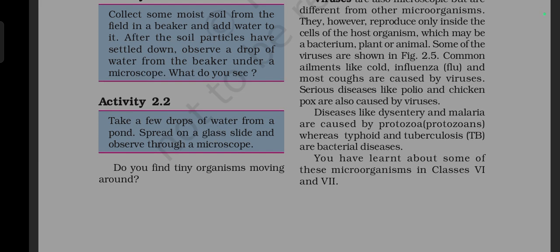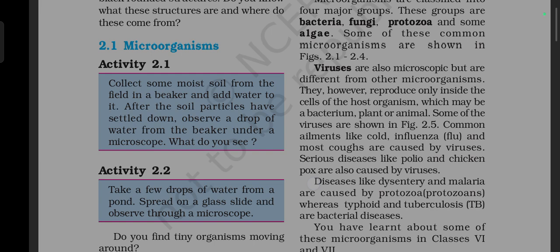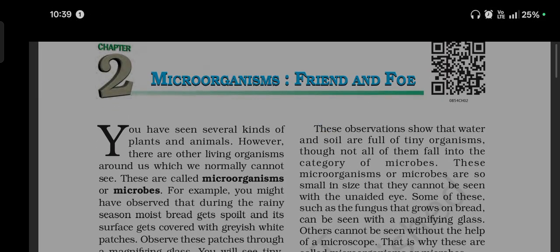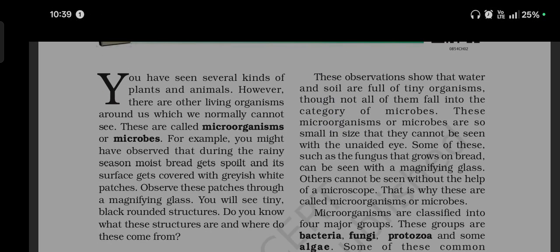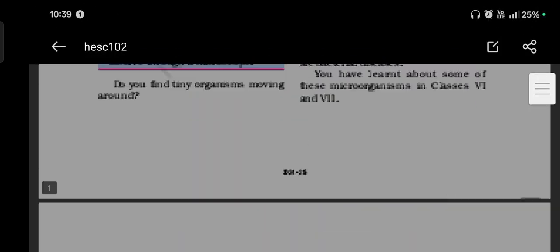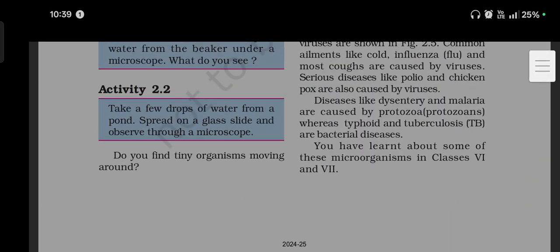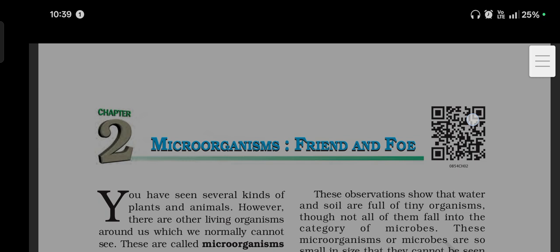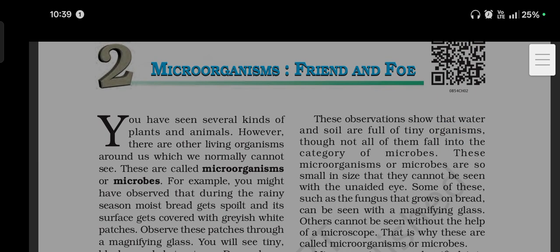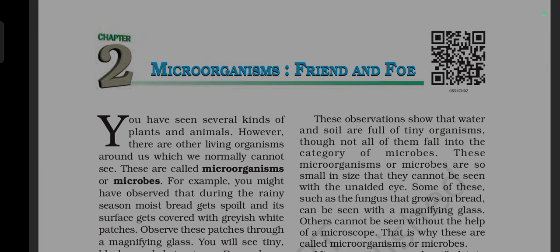Do you find any organisms moving around? So the question is, do you find tiny organisms moving around? These observations show that water and soil are full of tiny organisms.